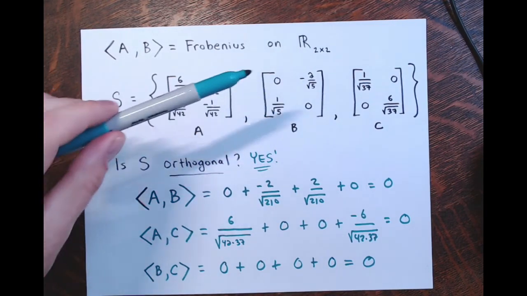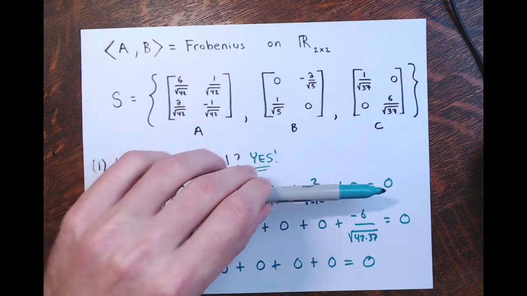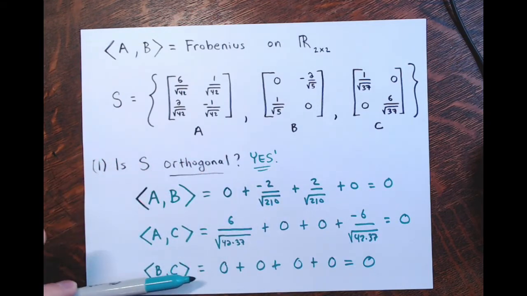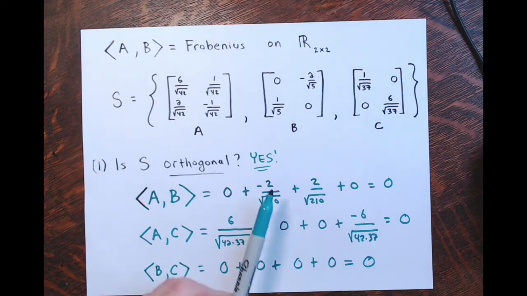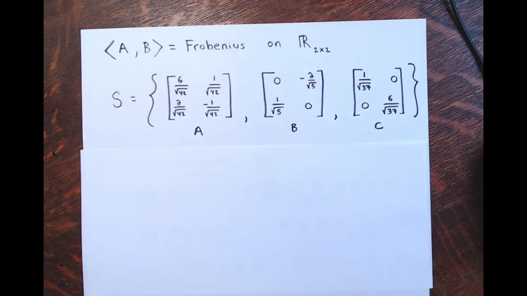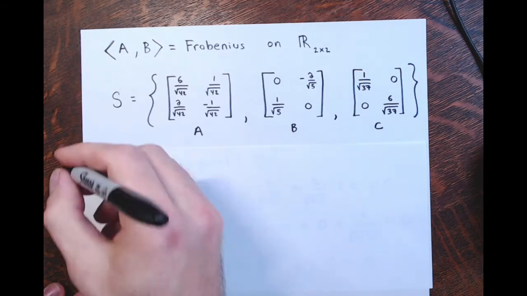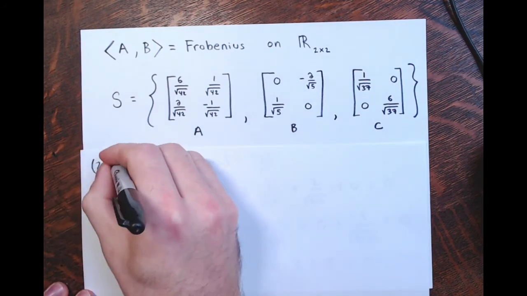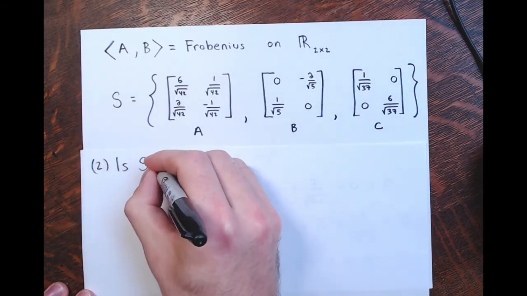Every pair of vectors, right? Every pair of matrices has an inner product of 0. Every pair of vectors is orthogonal. All right, so now that the answer to this one was yes, we can ask the second question. Is S an orthonormal set?